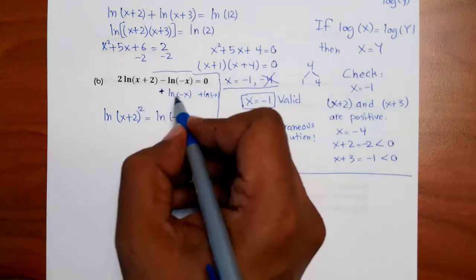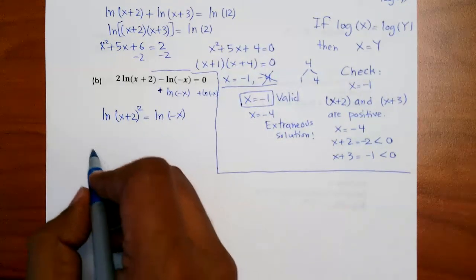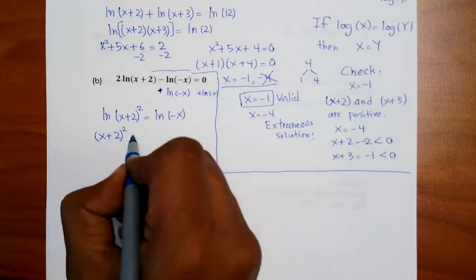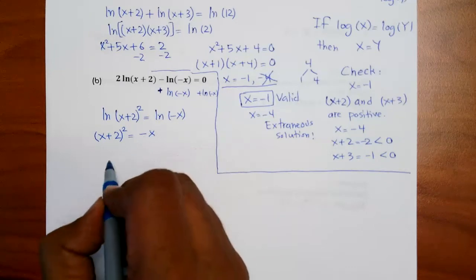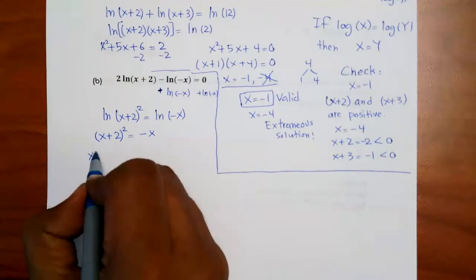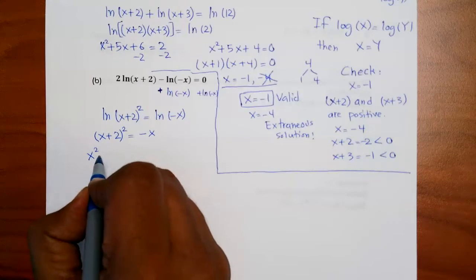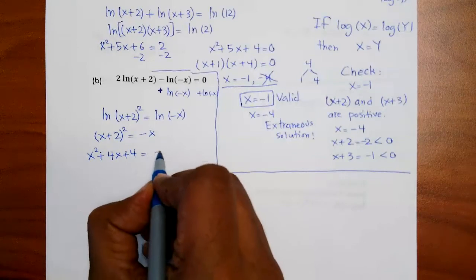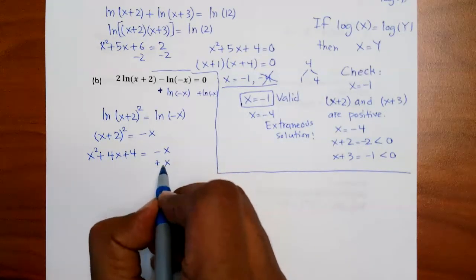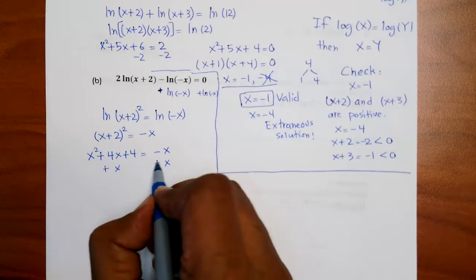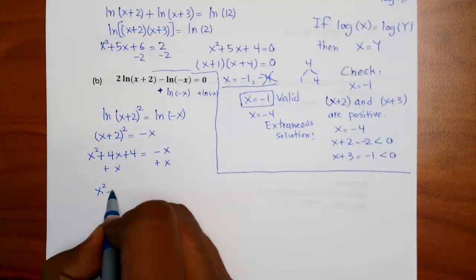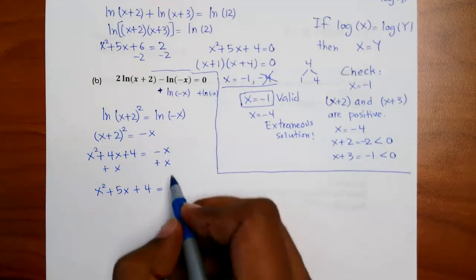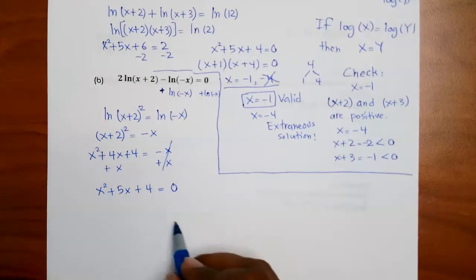Okay, this side cancels out, this goes there. Then I remove the log natural from both sides, so I will have (x + 2) squared equals negative x. Then I open this thing up, so I will have x plus 2 multiplied with itself, x squared plus 4x plus 4 is equal to negative x. Then I just add x on both sides. So x squared plus 5x plus 4 equals 0. Now this is my quadratic equation.